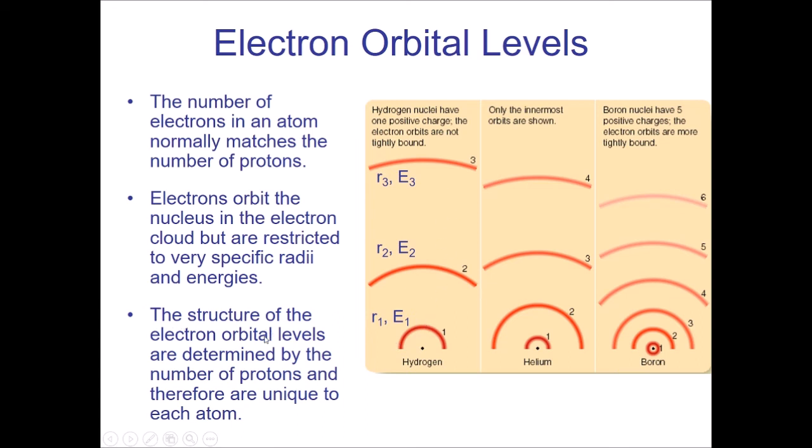Now, the structure of these levels are determined by how many protons there are, and therefore they're unique to each atom. Hydrogen has a structure to it. Helium has a different structure to it. Every atom has a different structure, a different set of levels where the electron can hang out. It wants to hang out on the bottom if it could, but it can move to other levels if it is given the ability to do so.